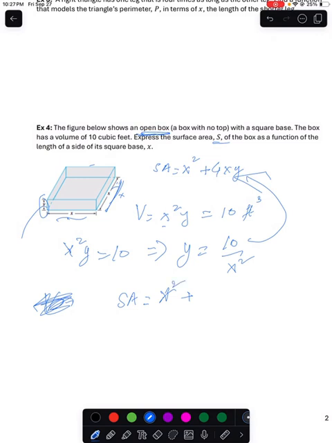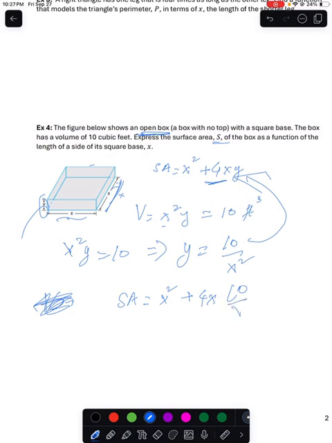Okay, I'll rewrite it again. So x squared. We don't touch this term because it is only in x, it has no y in there. 4x remain, and the y is 10 over x squared.